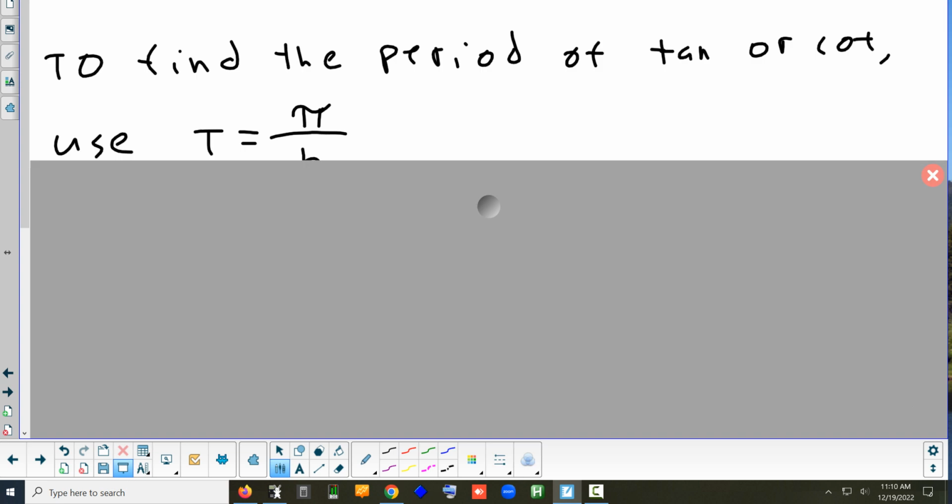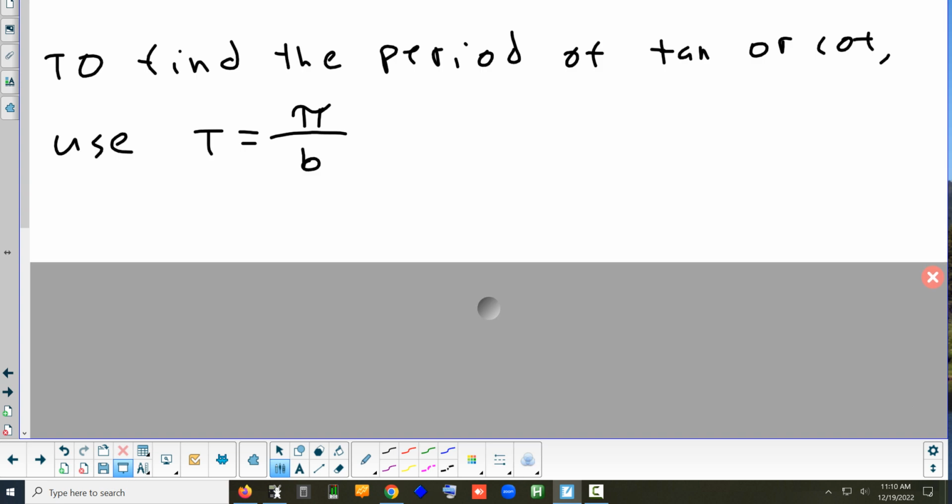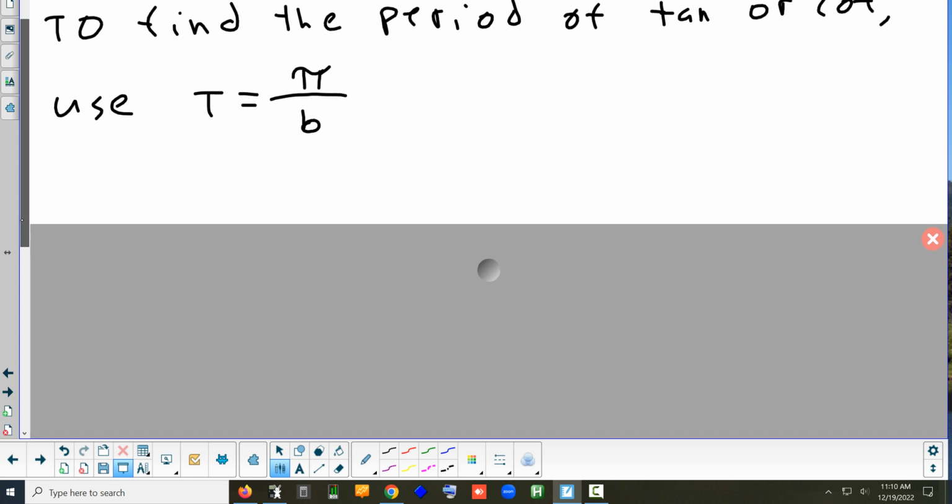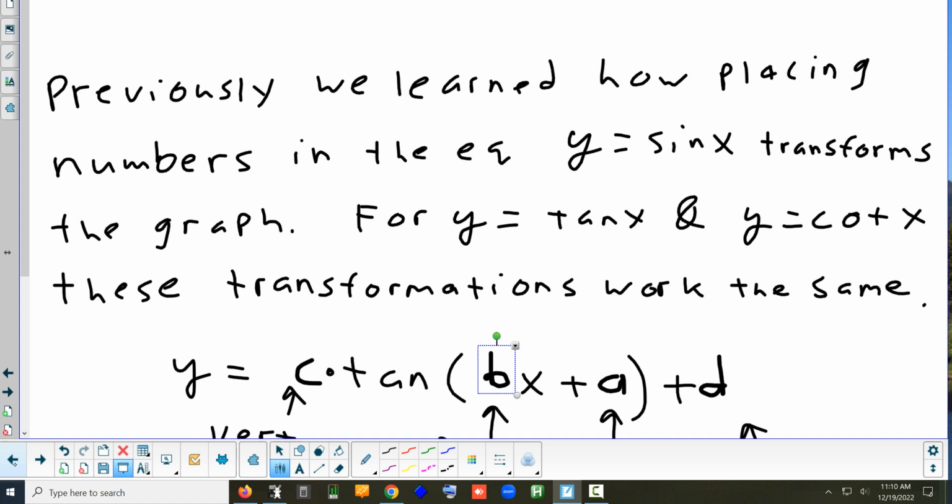And this is the formula for calculating the period of tangent or cotangent. It's T equals pi over b. Most trig functions are 2 pi over b, and by most, I mean sine, cosine, secant, and cosecant. But tangent and cotangent are the only two that use pi over b. And remember, b is the number in front of x.